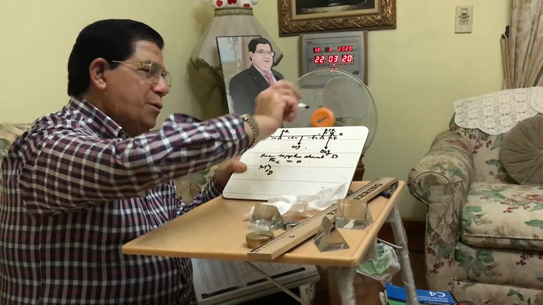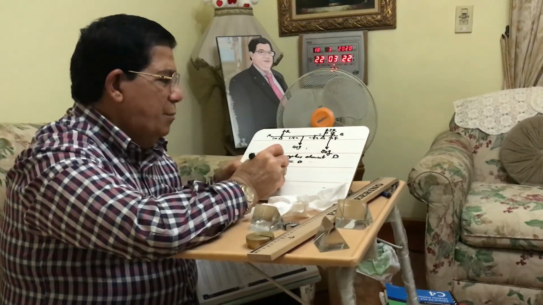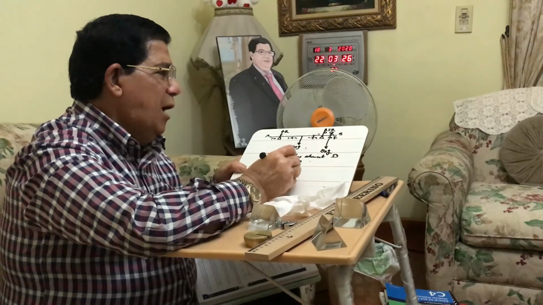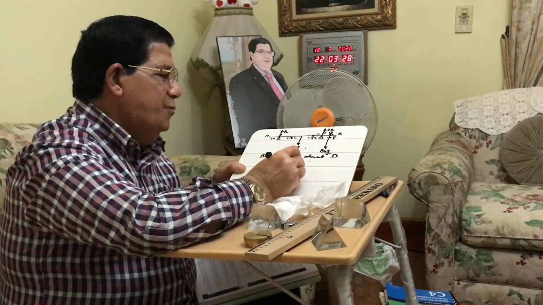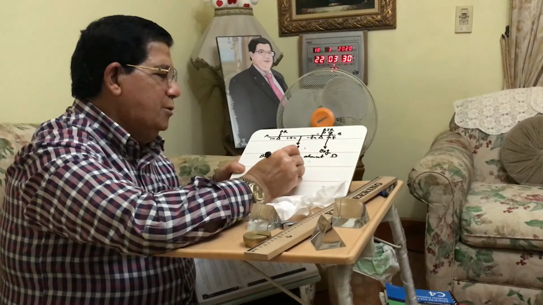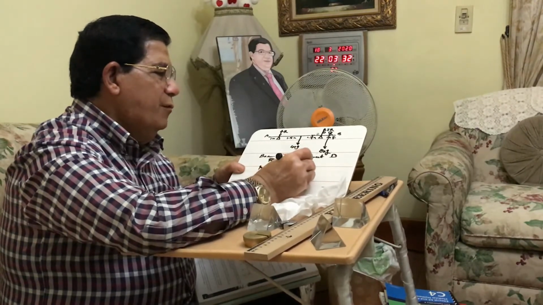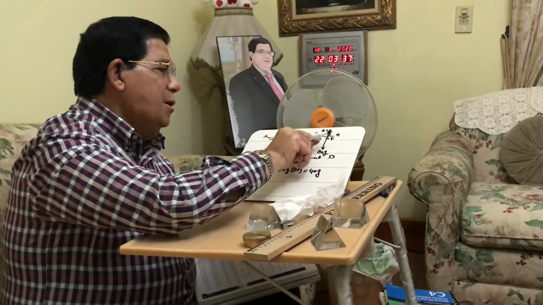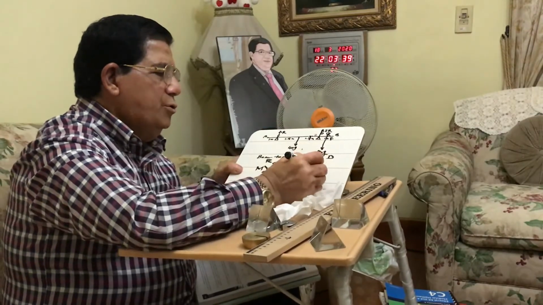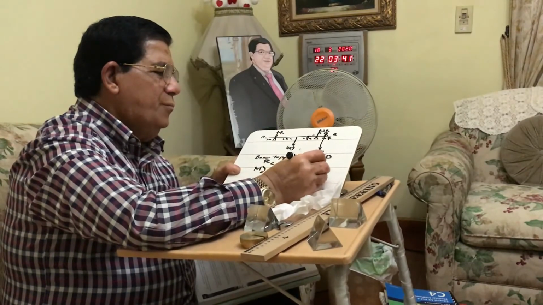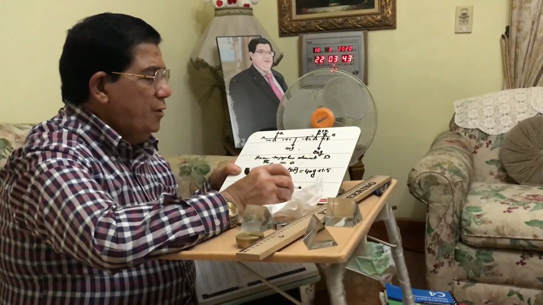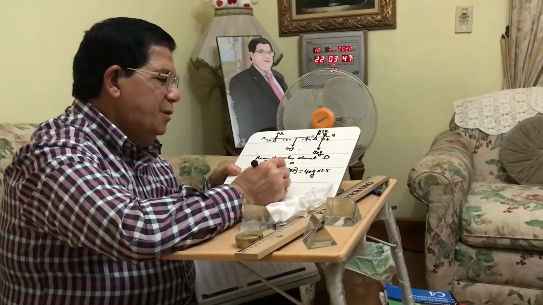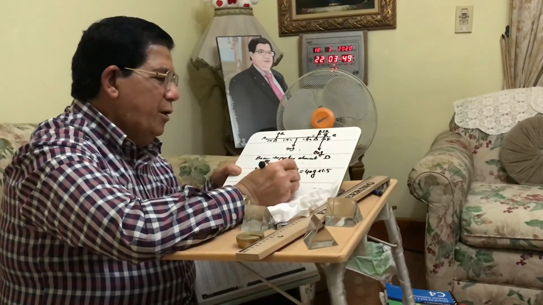It will turn the beam clockwise. So 80G times the distance DF, which we don't know, equal 40G times the distance from here to there, which is 1.5. From this we calculate the distance DF. It will be 0.75.